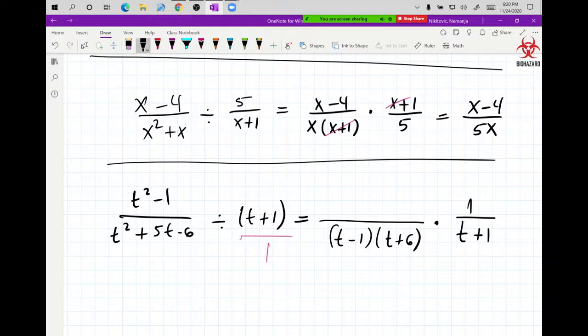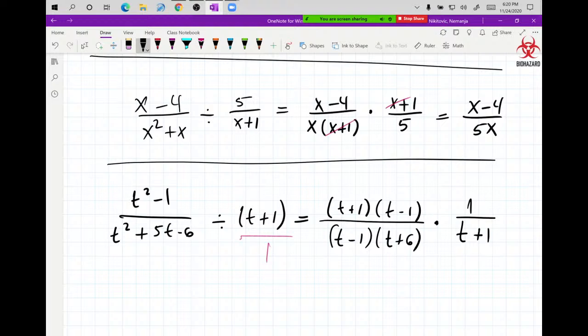And what do we have for the numerator, which should be, I guess, easier? 1 and -1. Yes, so you have t minus 1, t plus 1 because it's a difference of squares.